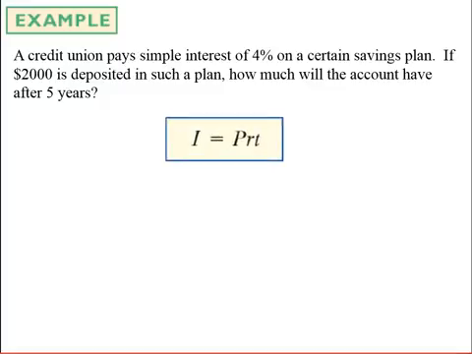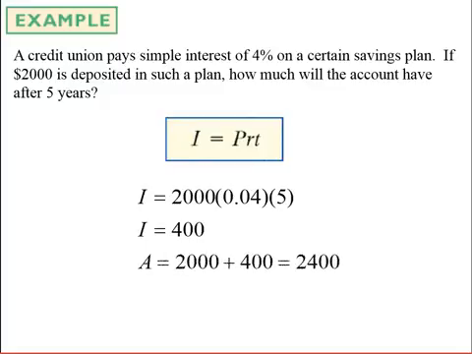We're going to basically say our principal is $2,000, our rate was 4%, and our time of our investment was 5 years. And this is called the simple interest. So again, I'm going to apply that 4% rate at the end of each year, and the interest that I'm going to earn is $400. Okay? So I would then take that $400 as my interest and add it back into the account, and I now have $2,400 in my account.